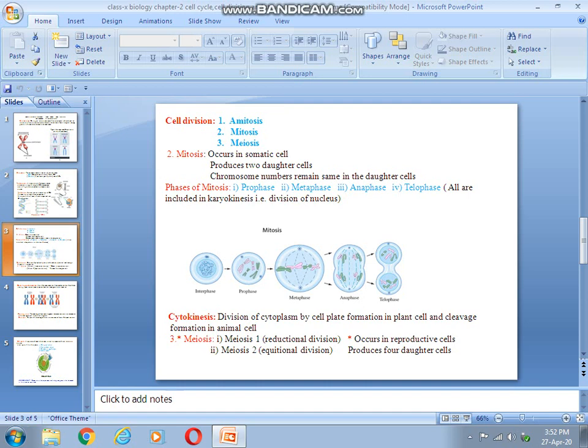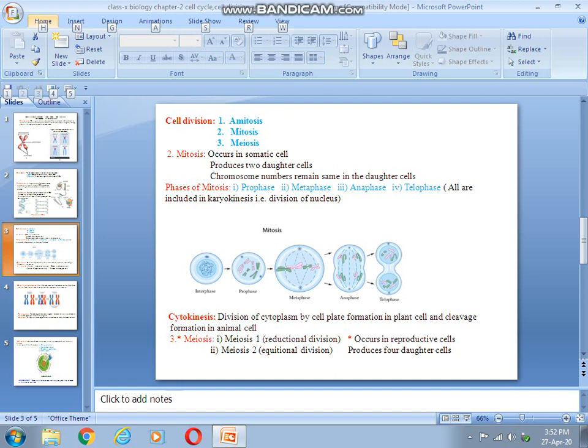Then mitosis. The term mitosis was coined by Fleming in 1882. Mitosis cell division. During mitosis, a cell divides into two identical daughter cells.